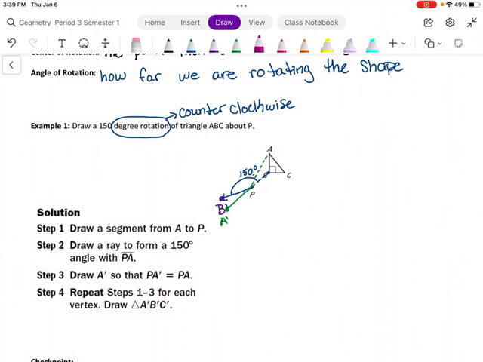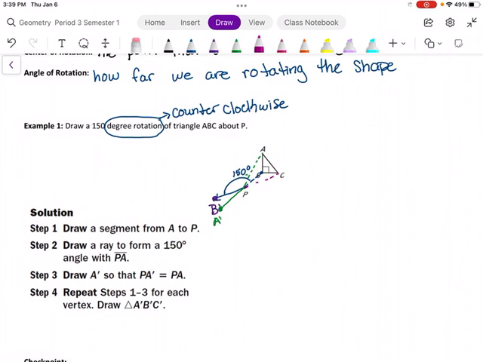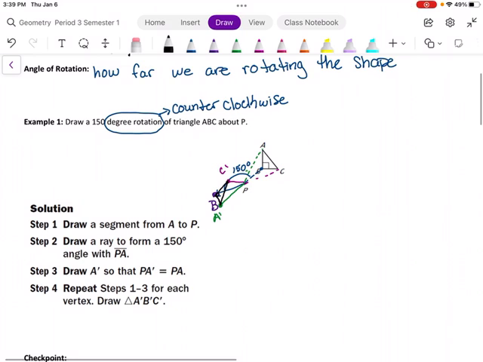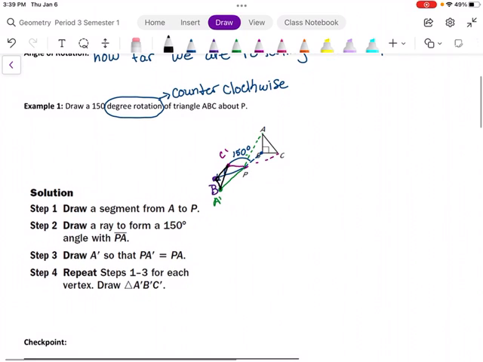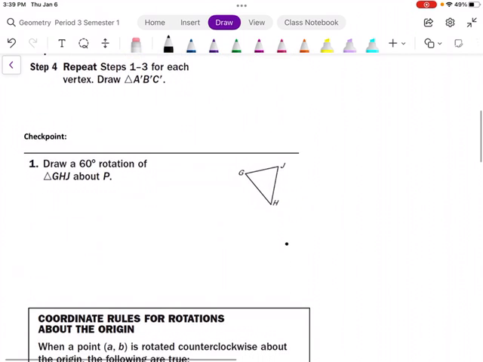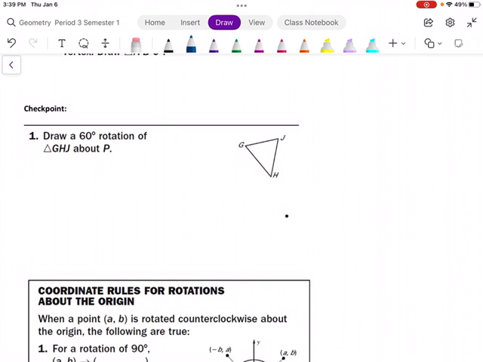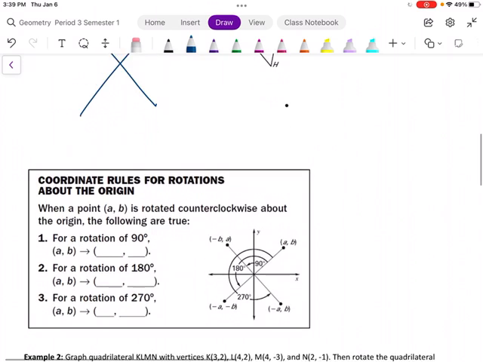And then we would do the same thing for point C. When we're doing this on the quiz or test, there's going to be a coordinate grid, so we aren't going to have to estimate as much as we are here. And that's where our rotation would be, and we went counterclockwise for this one. So because on the quiz and the test we're going to have coordinate grids, we're just going to skip this checkpoint for now.